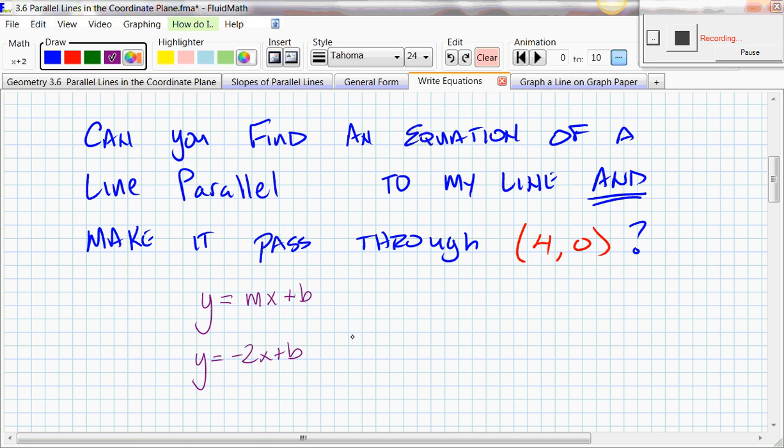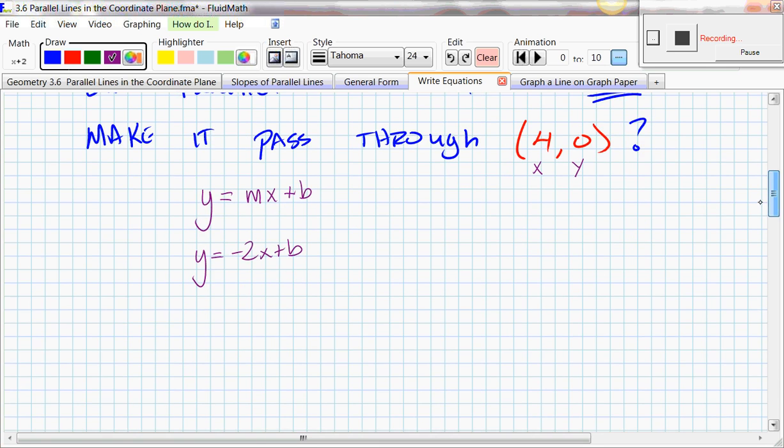And then I need to figure out what b is, so I'm going to plug in the point. This is x and this is y, always ordered pair. So I'm going to plug 4 in for x and 0 in for y. So 0 is going to be negative 2 times x, which is 4, plus b. So 0 equals negative 8 plus b, so therefore b must be equal to 8.